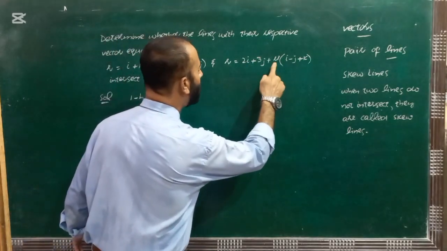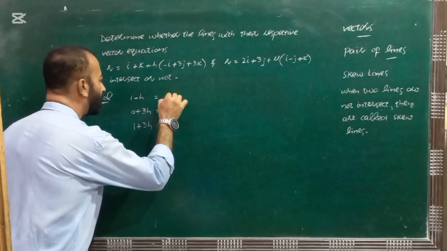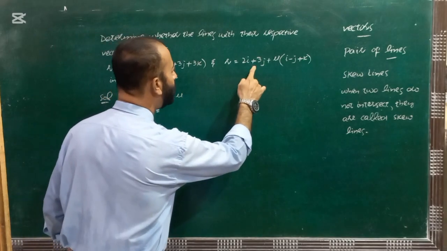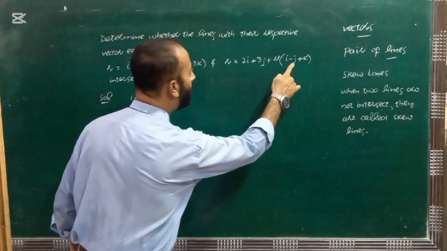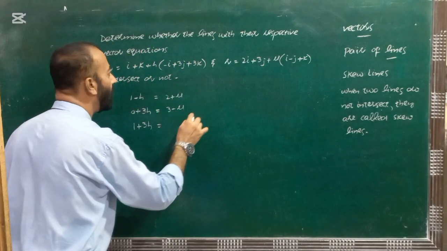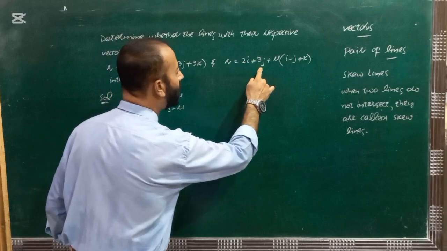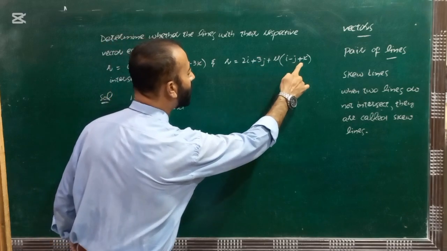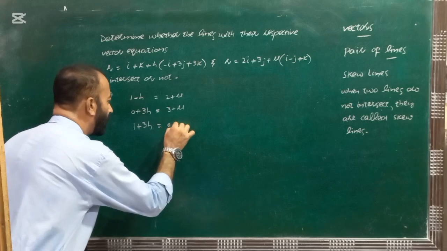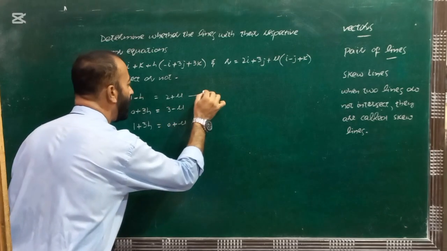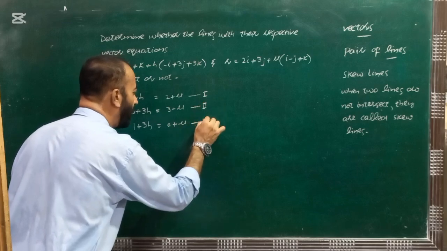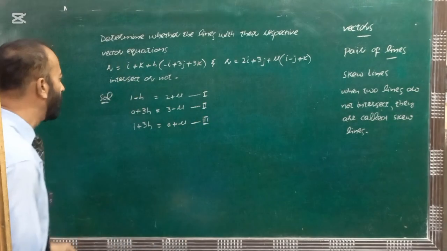So i: 2 plus mu, then j: 3 minus mu, and then k is 0, so 0 plus mu. So these are 3 equations. Now we will use any 2 of them to find the values of lambda and mu.